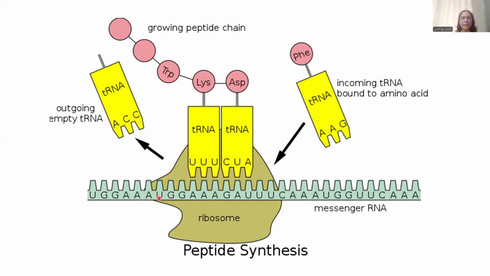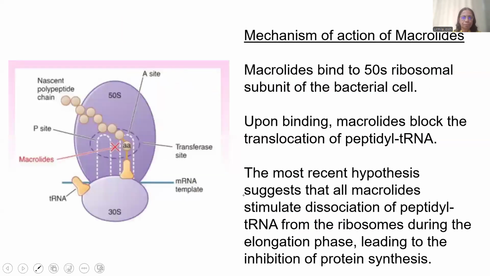And this is directed by mRNA. So this is the mechanism of peptide synthesis. 3 tRNAs join at the site of action of mRNA. Look at the complementary base pairing between mRNA and tRNA. And this is the way the peptide chain grows.